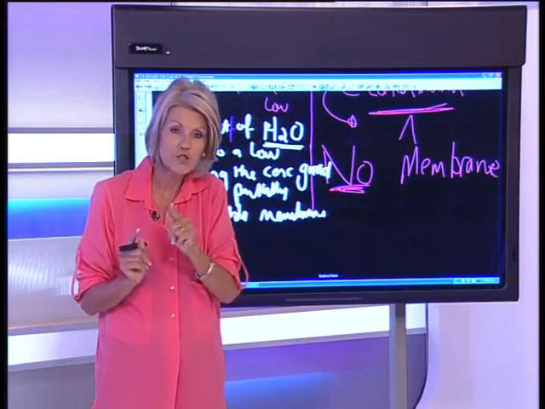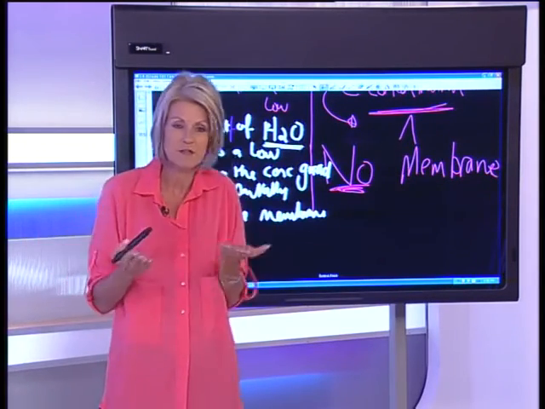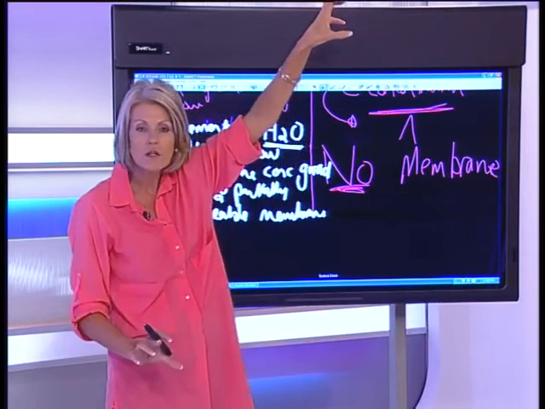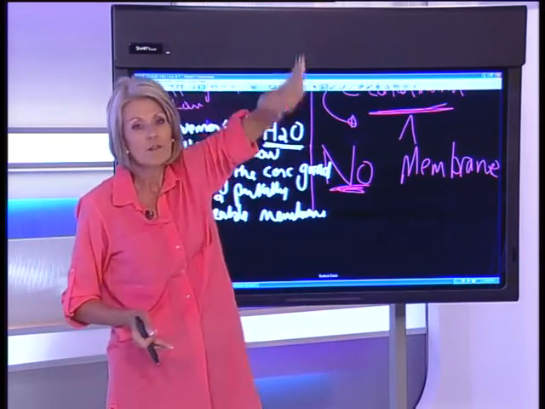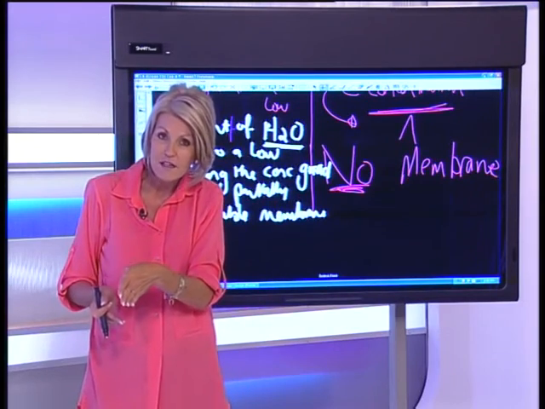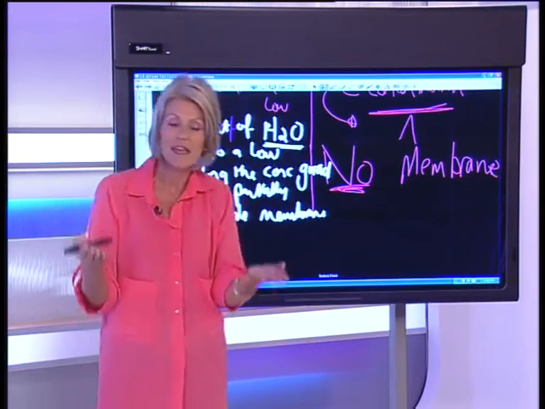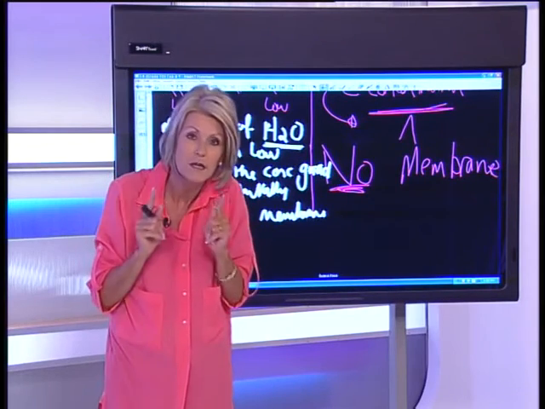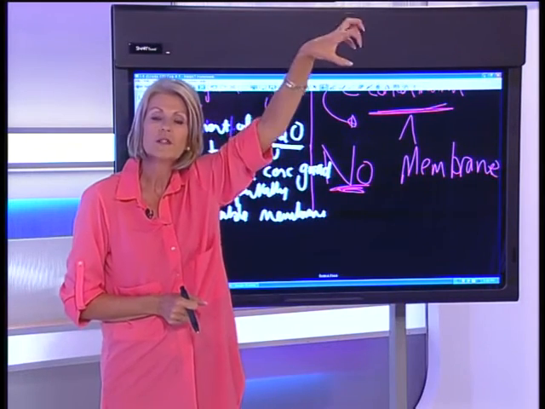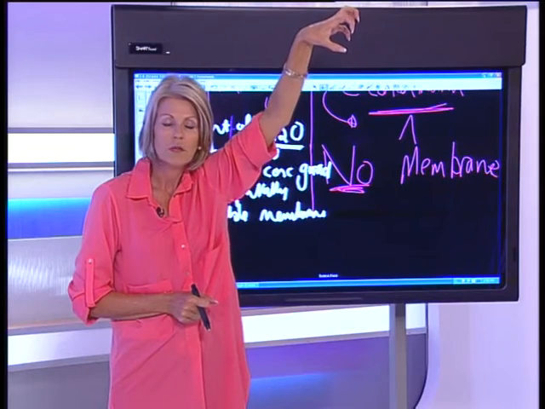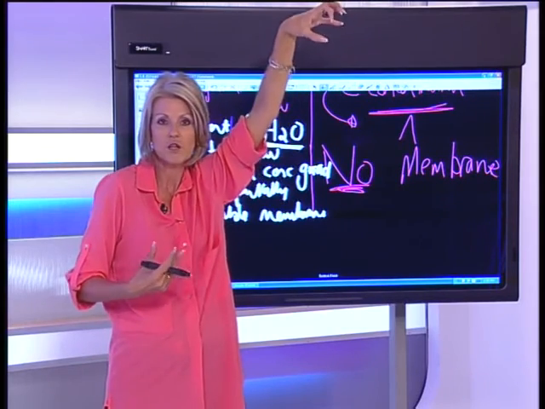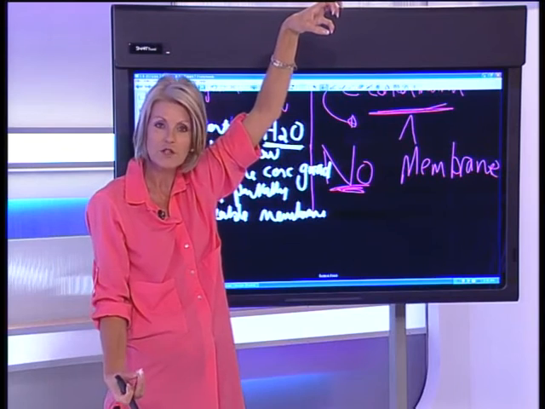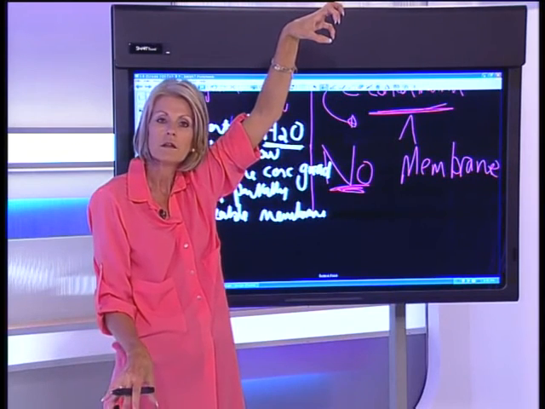So, diffusion, movement of any substance from a higher concentration where there is more to a lower concentration where there is less, along that concentration gradient until an equilibrium is reached. Osmosis is the movement of water from a higher water potential, okay, because it's purer, it's got more potential, to a lower water potential where things are mixed in.